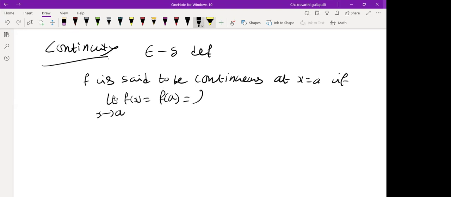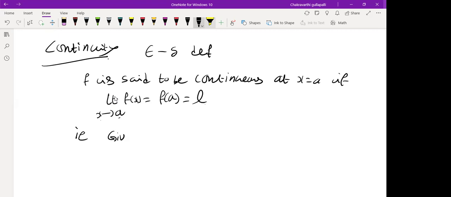This is like L equal to f(a). We have already seen the epsilon-delta definition for the limit of a function. How did we define it? Whenever |x - a| is less than delta, if |f(x) - L| is less than epsilon, we say the limit of f exists. And if that limit is equal to f(a), we say that it is continuous. So that is the epsilon-delta definition.